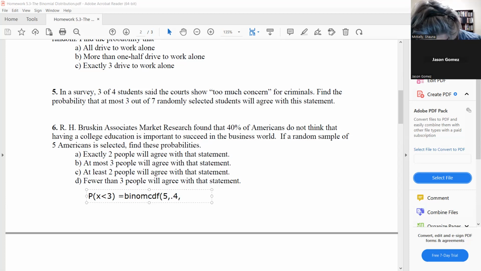So I want to stop at 2 here. I have to take 1 off of where I stop. I don't have to subtract the binomial, but I have to take 1 off the end of it. So minus. Okay. So 5.4 and just 2.